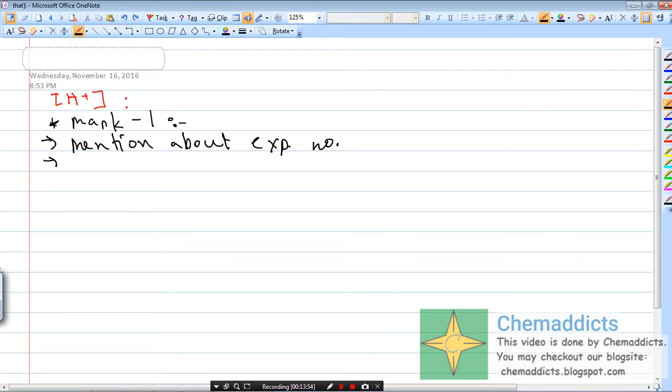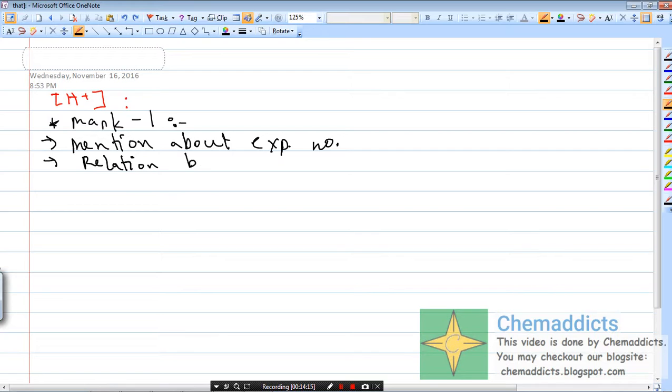Let us have a look at the second point for mark 1, that is explaining the relation between H plus and the rate, mentioning keeping other things constant. So we should explain the relationship between the concentration of H plus and the rate.